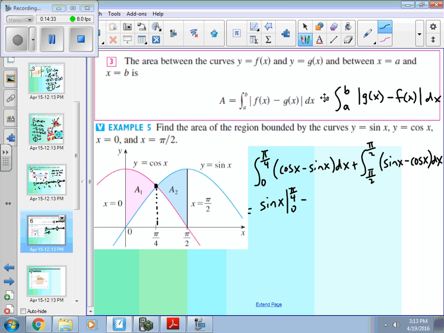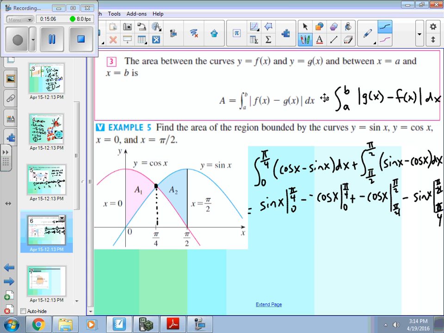Minus antiderivative of sine, which is negative cosine of x, from again pi over 4 to 0, plus antiderivative of sine x is negative cosine, this one from pi over 4 to pi over 2. Minus antiderivative of cosine is sine, pi over 2 to pi over 4.